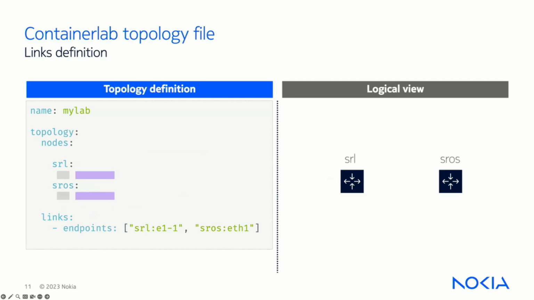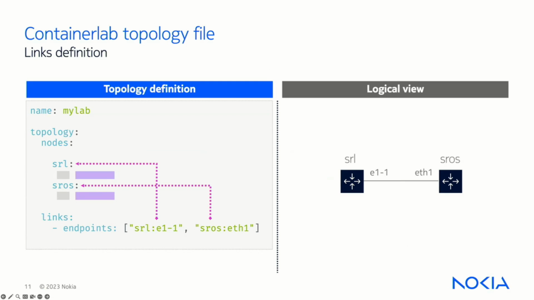Next, you have to create some links. Well, you don't really have to, but most of the time you want your nodes to be connected, right? And the way to do that in Containerlab is really simple. You define your links section, which you see down below on the left-hand side, and you say, I want to connect my node SRL with its interface e1-1 to my node SROS with interface eth1.